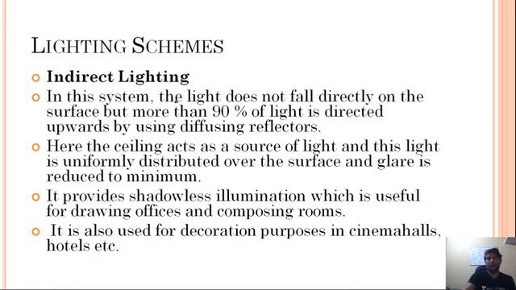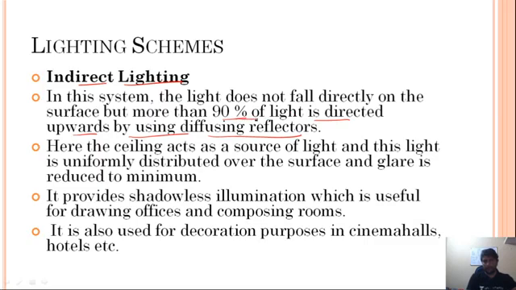Okay, let's move further. Indirect lighting. In this, light does not fall directly on the surface, but more than 90% of light is directed upward by using a diffusing reflector.